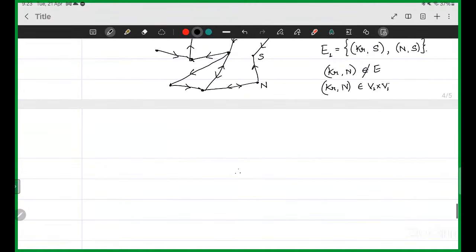Therefore, KRN does not belong to E intersection V1 cross V1. Is this fine? This is just an example.